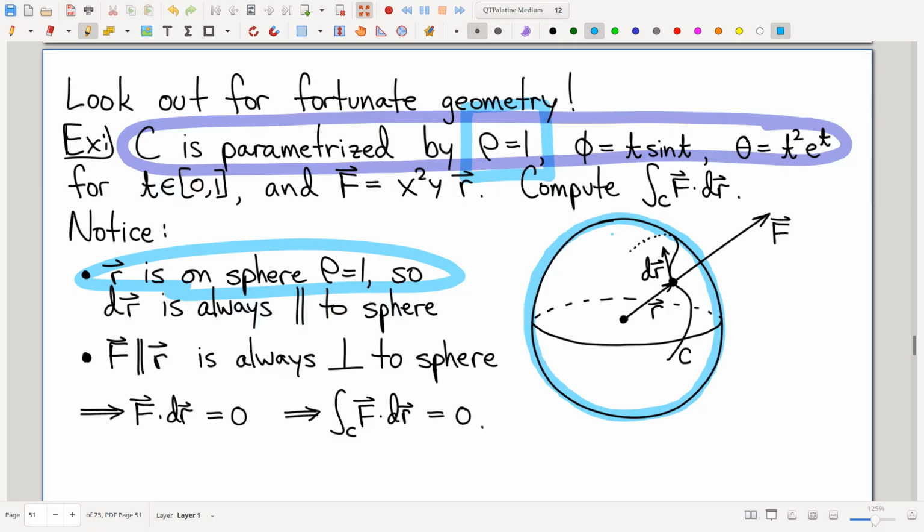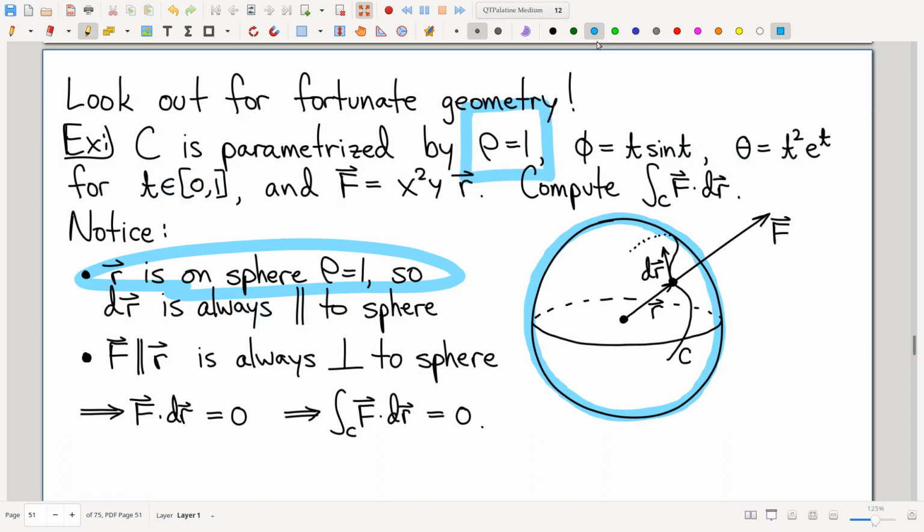So this is a weird curve, and it's doing all kinds of crazy nonsense on the surface of the sphere, but it is always, and fairly clearly, on the surface of the sphere. And because it's always on the surface of the sphere, I'll point out that dr, your differential, is therefore always parallel to the sphere.